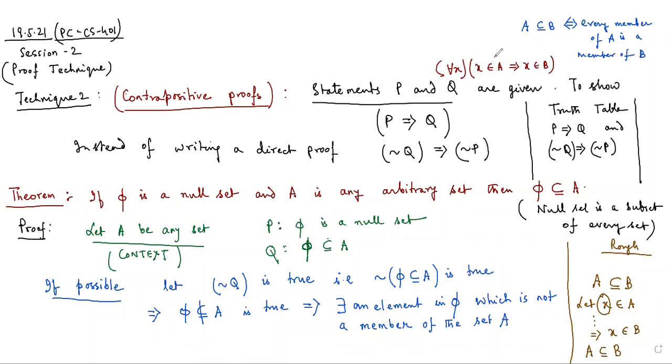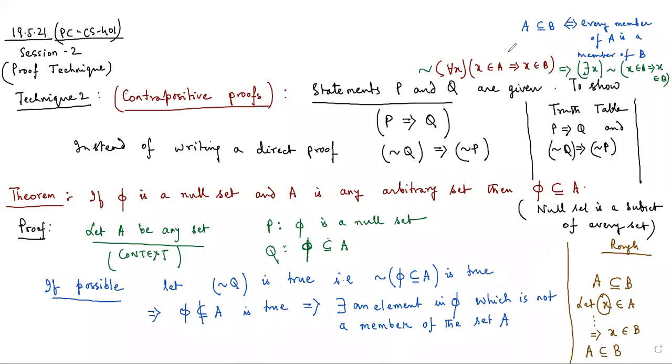Now you already know from our previous discussion that if I put a negation over here, it means there exists X such that this is true, isn't it? I'm not going to write it over here.